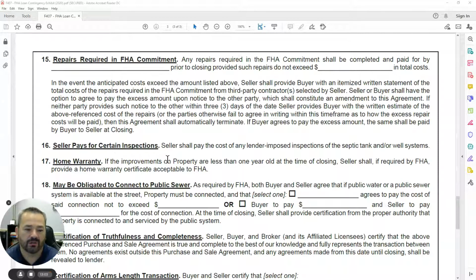Paragraph 15 addresses repairs that FHA will require. Now understand that the person that's going to determine if there's repairs that need to be made is going to be the appraiser when they go out. They're looking at the property not only to determine the value, but to make sure that FHA is happy with the condition of the property.